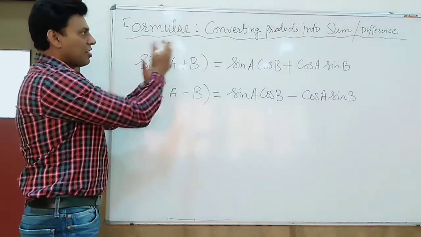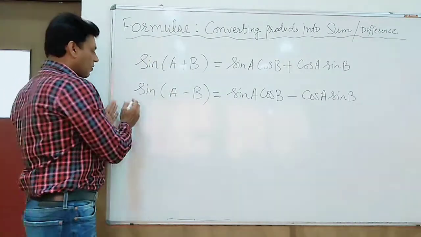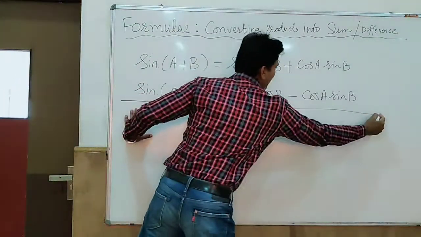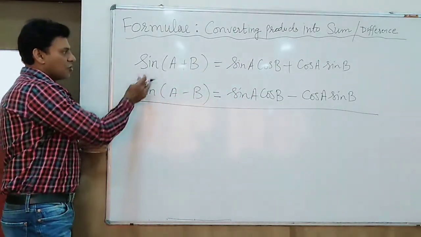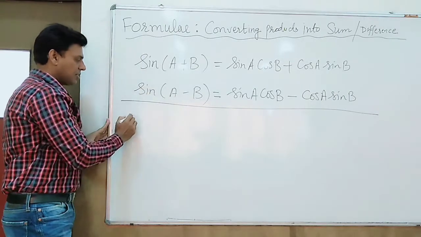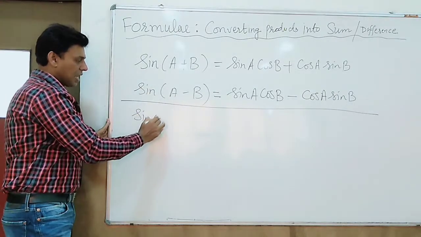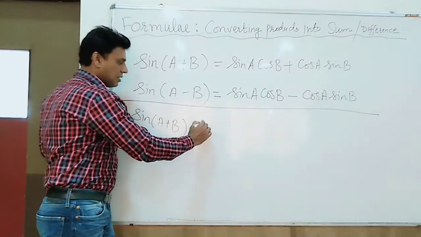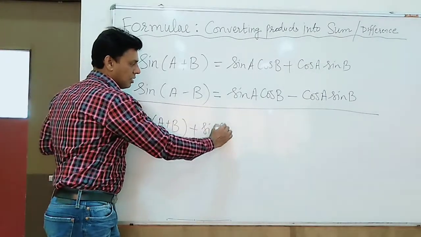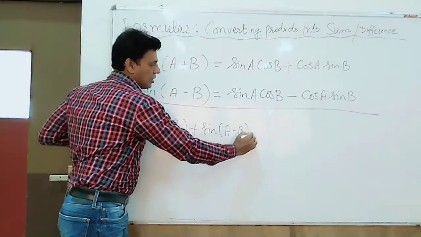Now, to generate these formulas, what we are going to do is add these two. So when we add, this plus this, that is sin(A+B) plus sin(A-B).